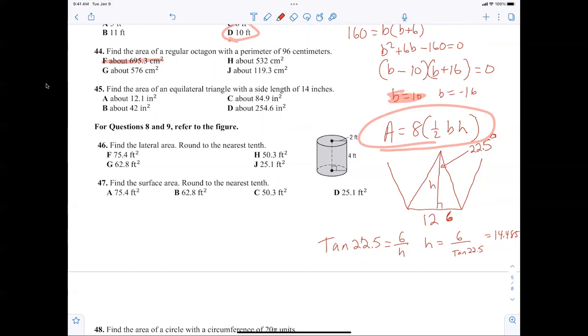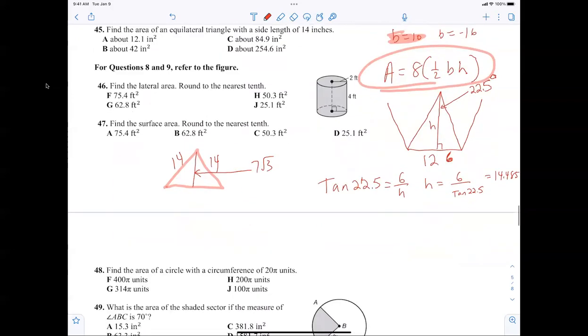All right, find the area of an equilateral triangle whose side length is 14 inches. So if we draw an equilateral triangle, we know 14, 14. Somebody tell me what the height is. 7 radical 3, perfect. Now area equals 1/2. What's the base? 14.